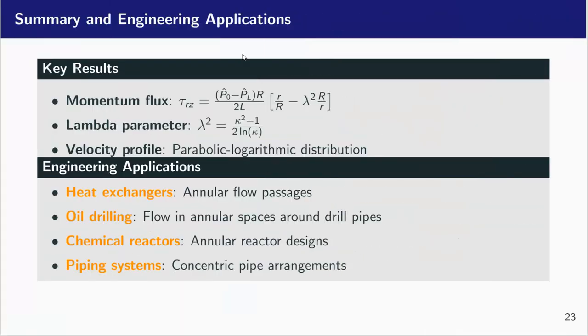Now the key results: momentum flux tau rz is (p0 cap minus pL cap) r by 2L, times r by capital R minus lambda square R by r, and the lambda parameter, lambda square, is equal to (k square minus 1) by 2 ln k, and the velocity profile is a parabolic-logarithmic distribution.